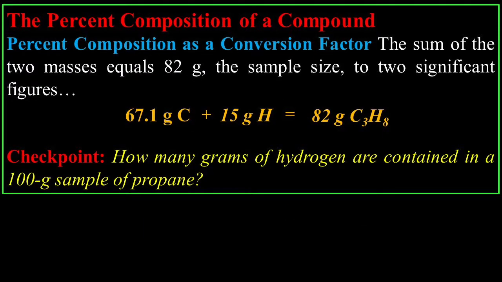The sum of the two masses equals 82 grams, the sample size, to two significant figures. How many grams of hydrogen are contained in a 100 gram sample of propane?